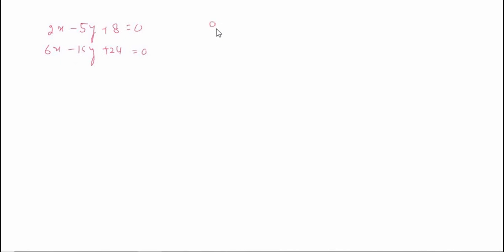Now let us find out a1 by a2. a1 by a2 is equal to 2 by 6 equal to 1 by 3. b1 by b2 equal to minus 5 divided by minus 15 equal to 1 by 3. c1 by c2 is 8 divided by 24. Here also it is 1 by 3.